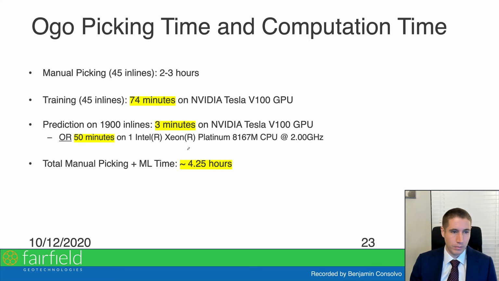And the total manual picking plus the machine learning time is around 4 hours. Again, if we compare the total time of 4 hours to 3 to 4 weeks that would be taken of manual time, it is clear that the deep learning has potential to save a lot of time in the salt picking interpretation workflow.